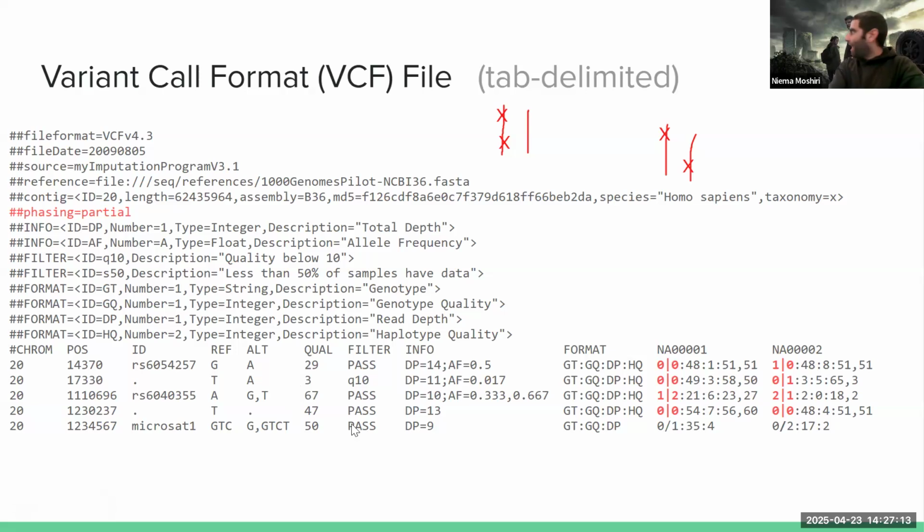Everything to the left of the bar is on one chromosome. For example, this person has a G at this position, a T at this position, a G at this position, and a T at this position, all on one chromosome.